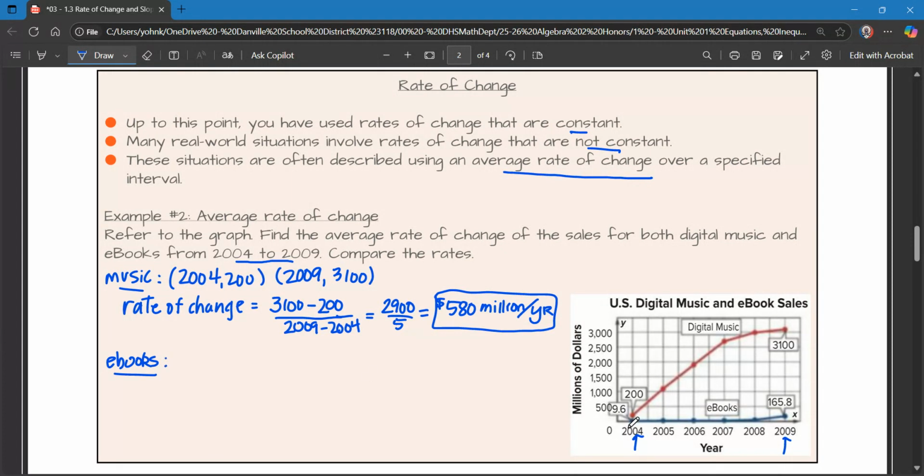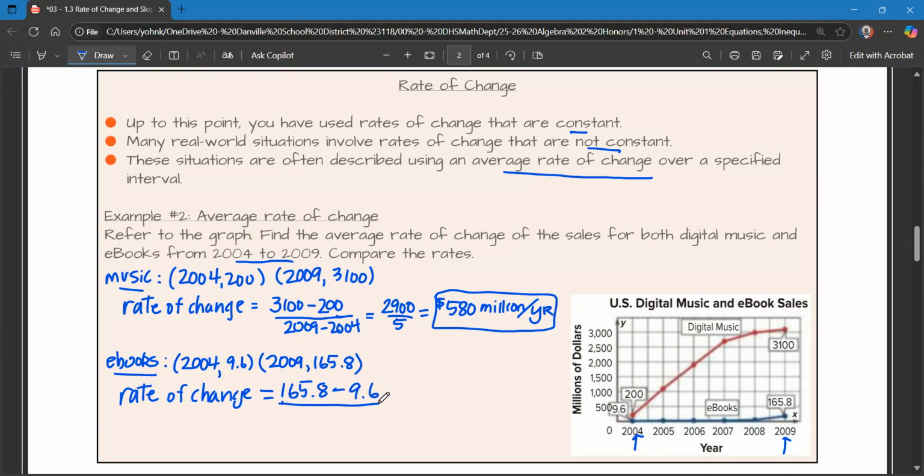Again, we're using the ordered pair 2004, 9.6. And our second ordered pair is 2009, 165.8. All right, so let's find the rate of change. So you're going to subtract the y's, 165.8 minus 9.6 over 2009 minus 2004.